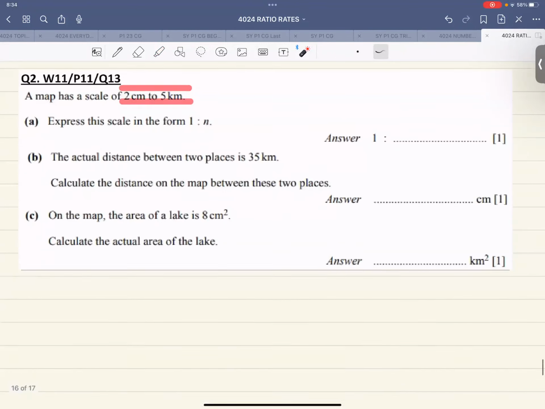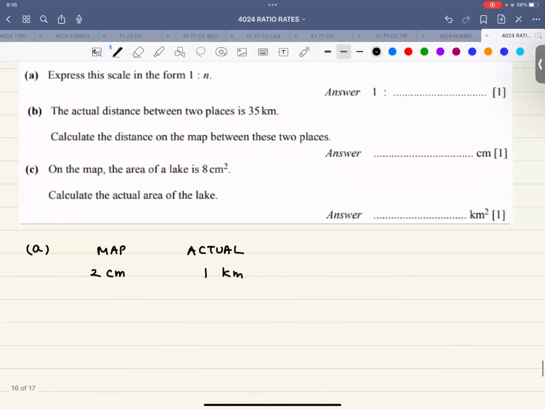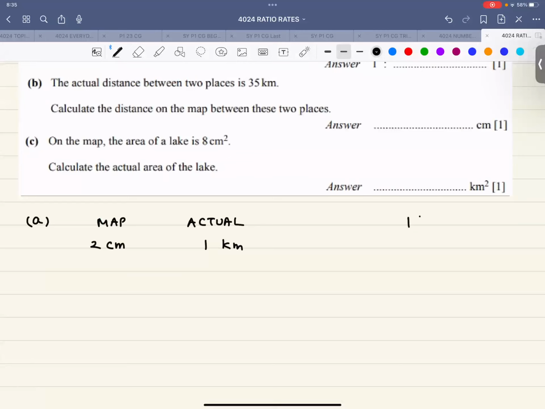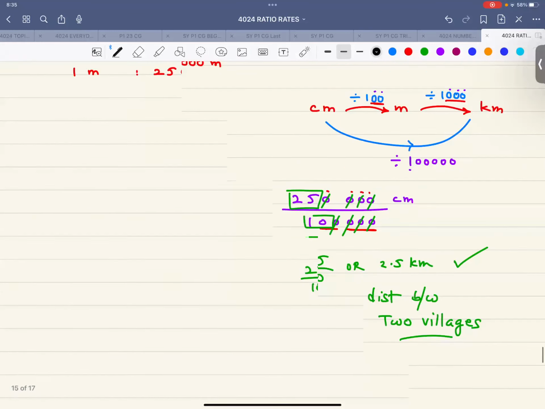A map has a scale of 2 centimeters to 5 kilometers. Let me write it again. Part A, map, and then actual. Map is 2 centimeters, and this is in reality 5 kilometers. Now we know that 1 kilometer is 1,000 meters, and 1 meter is 100 centimeters. Therefore, kilometers to meters to centimeters is the opposite of this one.